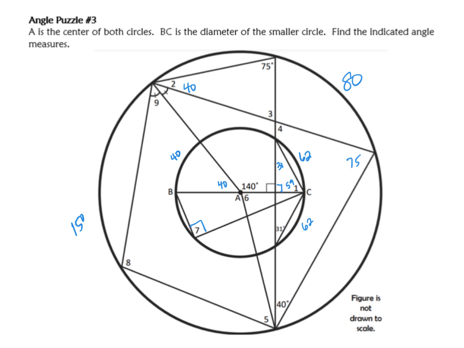All right, so what did we do? We did inscribed angles. So what about central angles? So central angles, a lot of messy arcs in the middle.